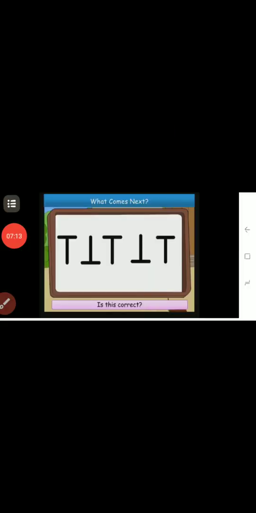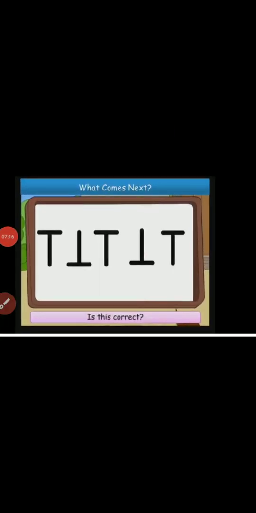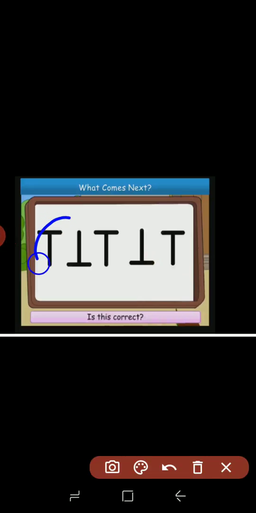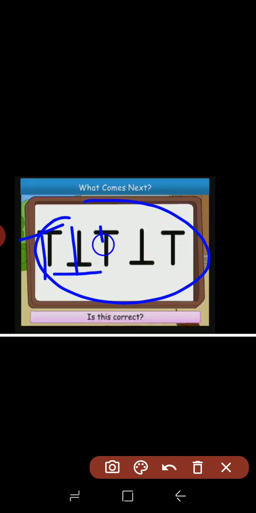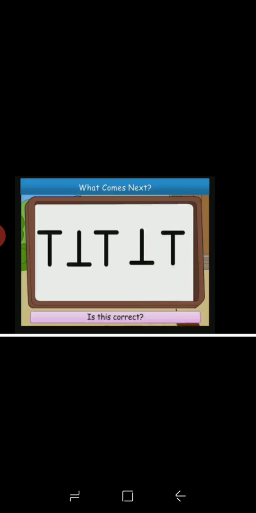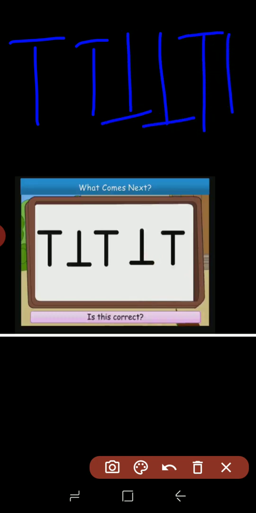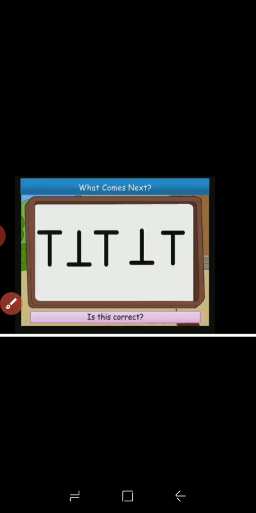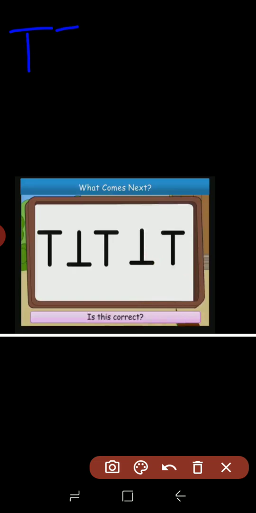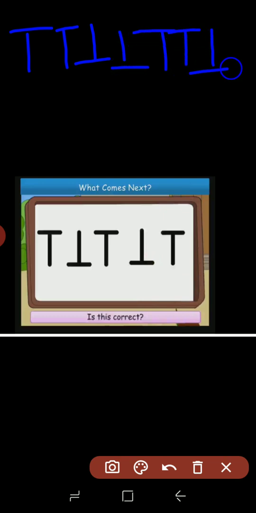Understood? You can also apply other patterns. For example, one pattern is given here: upward, downward, upward, downward. But you can also apply upward, downwards, upwards. Okay, this is also another pattern. I will show you again. One T upward, then two Ts downwards, upwards, then downwards.